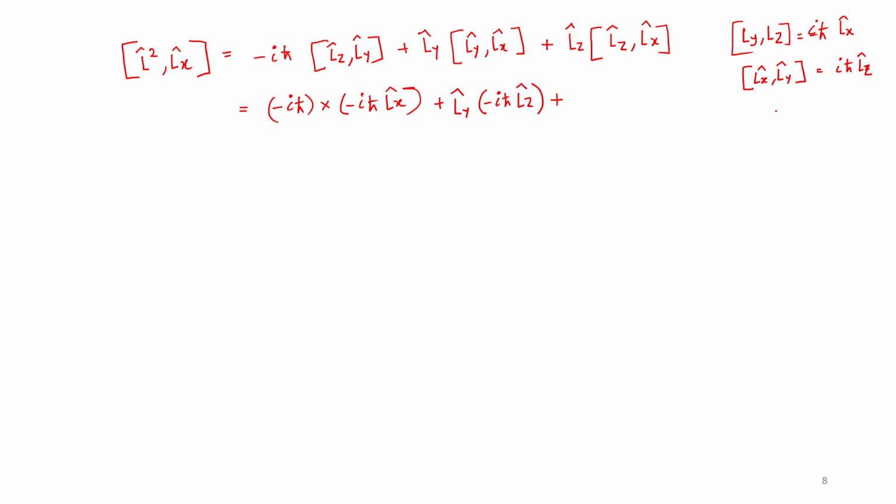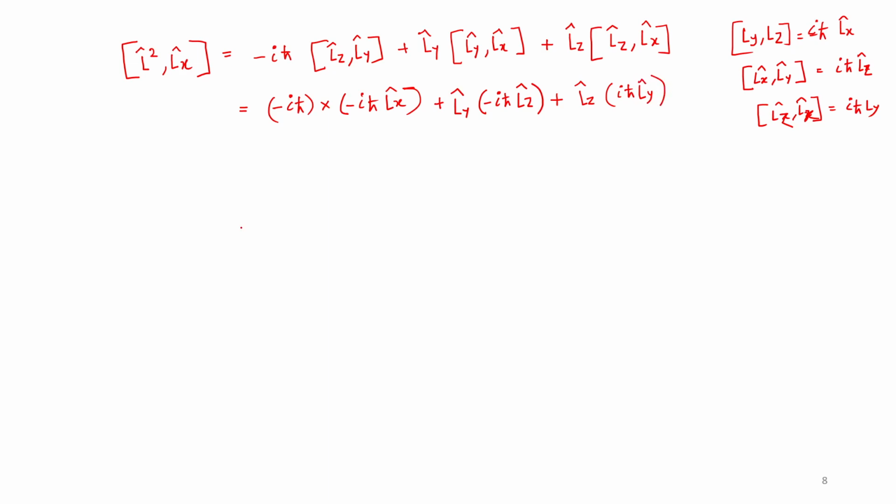The third one, we know that Lx Lz operators will get iħ Ly. No, I have made a mistake here. So Lx Lz minus Lz Lx is that. So opposite of that, Lz here, it is fine. So here we will get only iħ Ly.